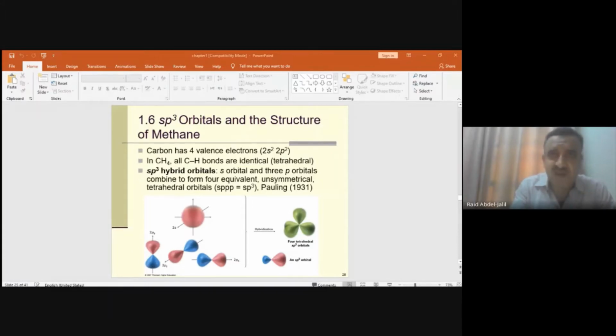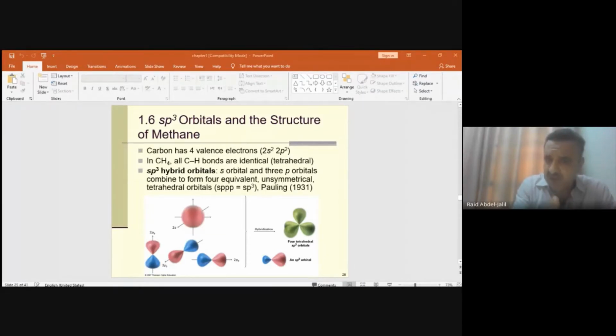We never ever deal with inner electrons. All right. So in order for the carbon to make 4 bonds, carbon needs to undergo what we call hybridization. And the hybridization here is a process. It involves, first of all, movement or excitation or transfer of 1 electron from 2s to 2p.